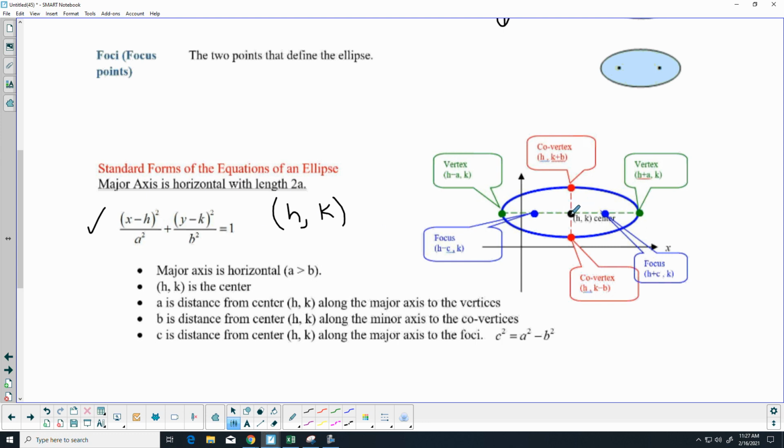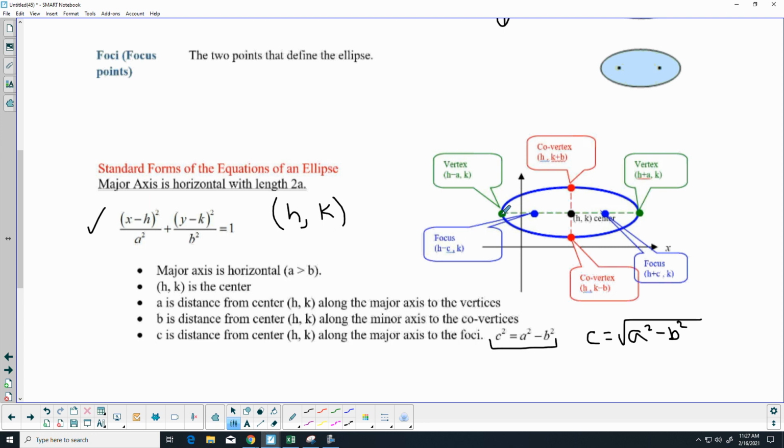B is the distance from the center to the covertice. You need to know that formula right there, and we're going to be doing a couple of them. That is for finding the foci. Sometimes it's given as C equals the square root of A squared minus B squared, and it's the same thing. Okay?